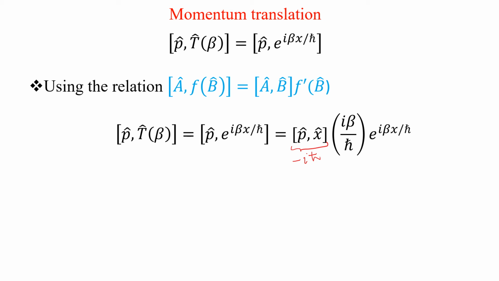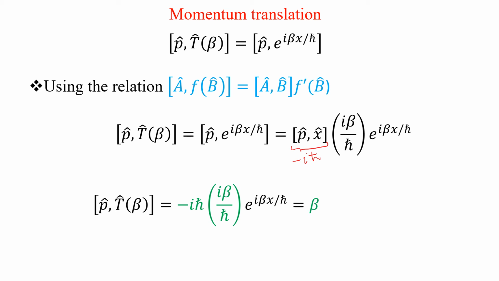Here the commutation of p with x is minus i h cross. In the previous case it was the commutation of x with p, which is plus i h cross. Here it is minus i h cross. Now you can say the commutation of p with the translation operator is this minus i h cross, i beta over h cross, and this exponential term. Here, applying the same rule, if you multiply these parameters, h cross will cancel each other.